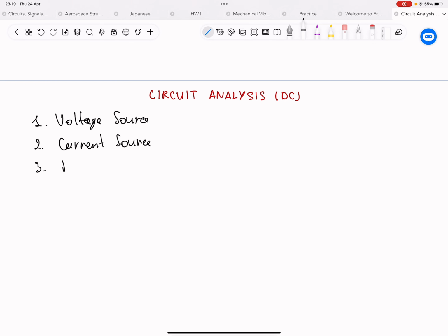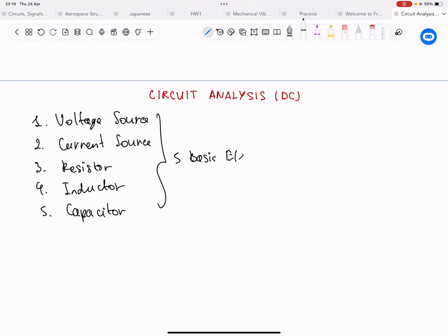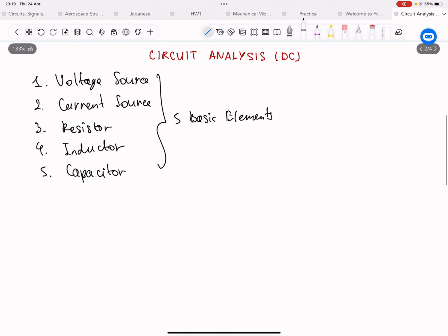The third one is a resistor. The fourth one is an inductor. And the last one is a capacitor. So these are five basic elements that a circuit can have.